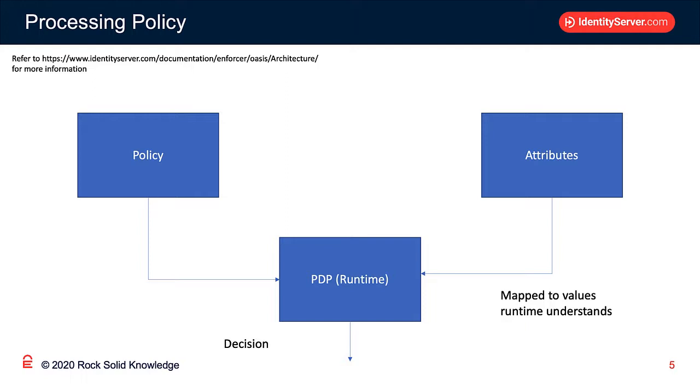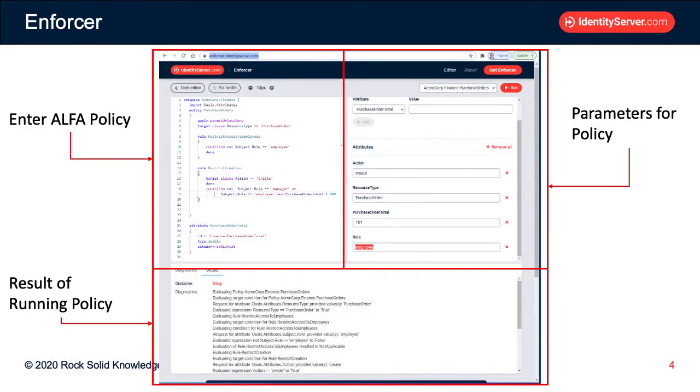You can think of this as being the runtime that's going to evaluate the policy for us. When we pass in these attributes, they are mapped onto values that this runtime understands, and we'll see more of that a little later. It's the PDP that then produces a decision. And we'll see in a moment that there are various decisions that can come out of the PDP, such as allowing access and denying access. So let's dive in and see how this works.